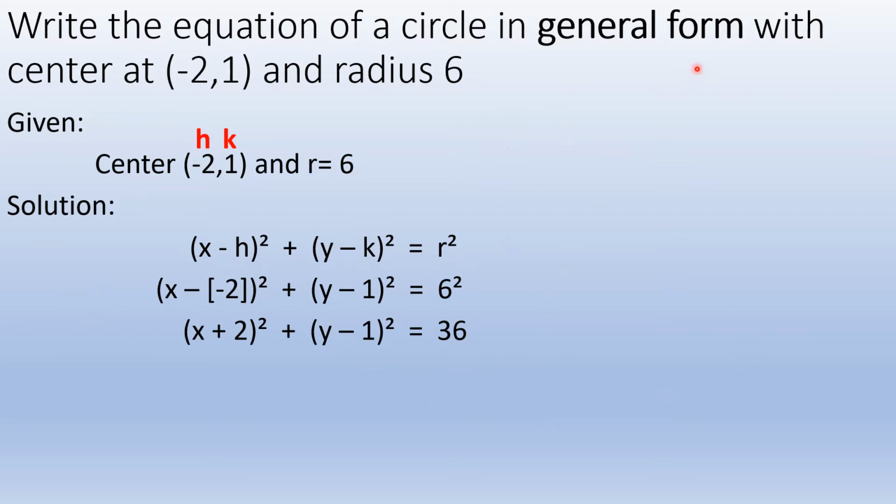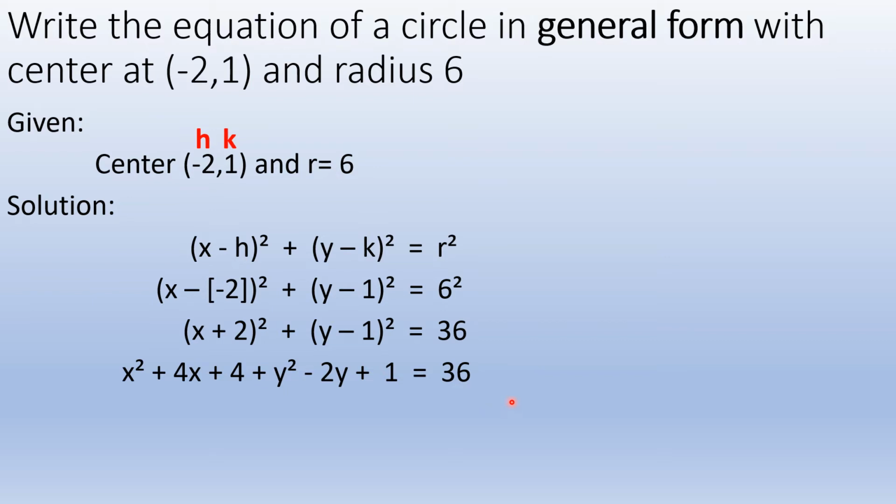Ang hinahanap natin ay general form, so i-expand natin siya. So, ang (x plus 2) squared means (x plus 2) times (x plus 2). So, that equals x squared plus 4x plus 4. Plus, yon. Ang (y minus 1) squared means dalawang beses mong imumultiply ang (y minus 1). So, that equals y squared minus 2y plus 1 equals 36.